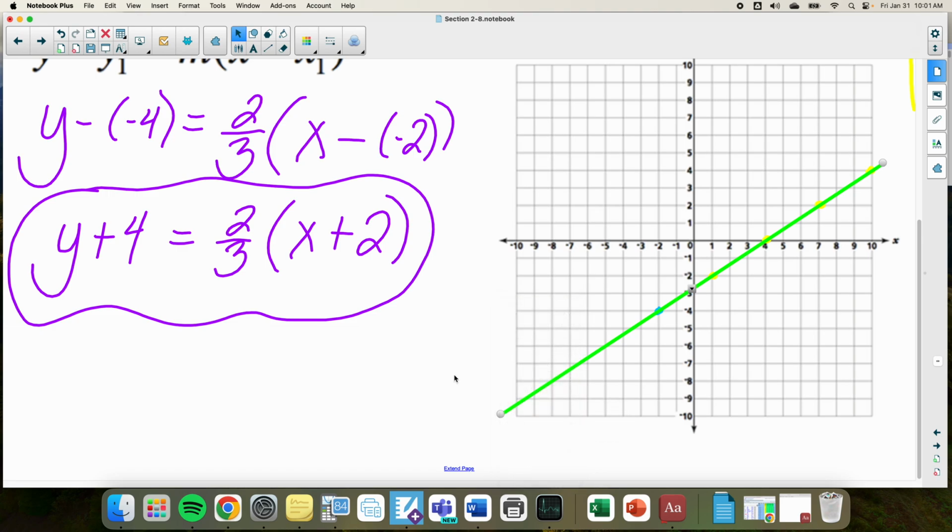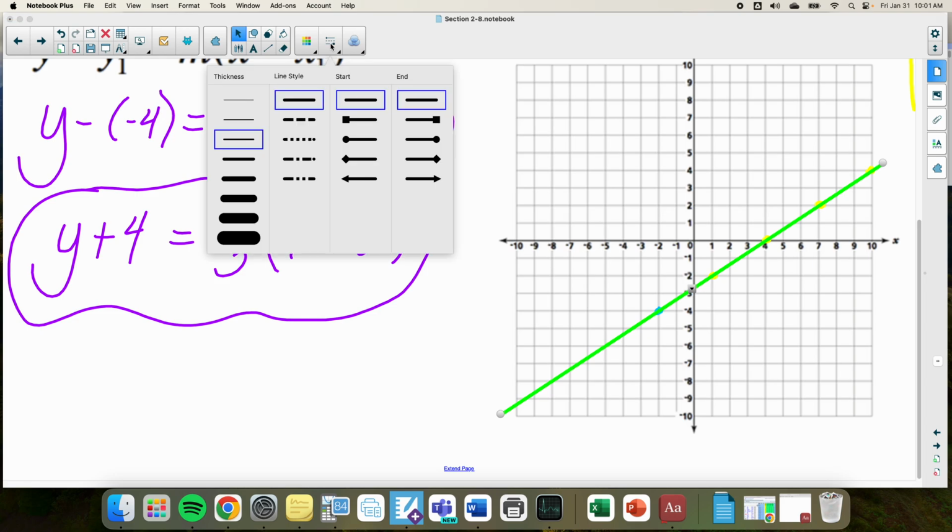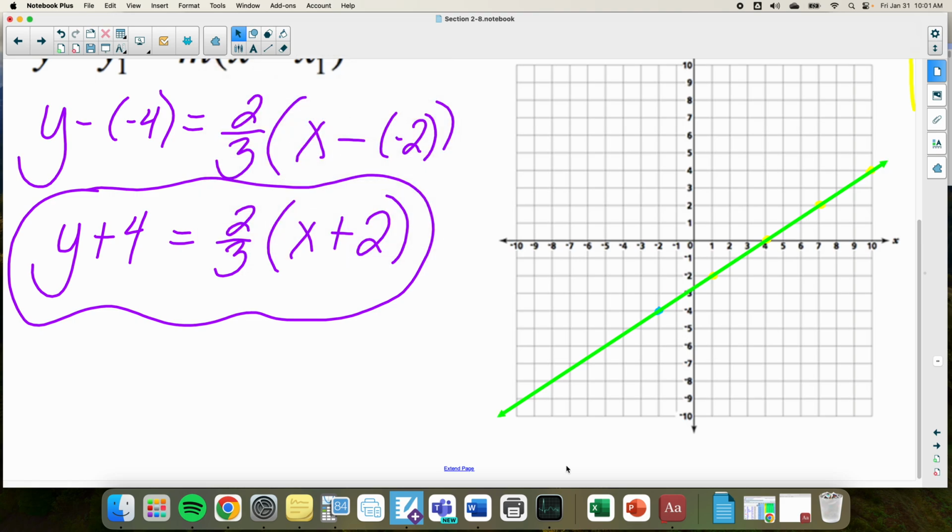All right, you also are going to make, I wonder if I can change this now or not. Okay, so you're gonna put arrows on the end and your line has to cover that whole graph, not just a little portion of it, the whole graph. Okay? Is everybody okay with that?